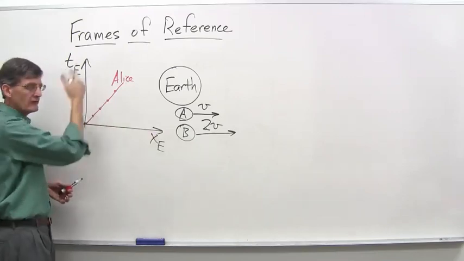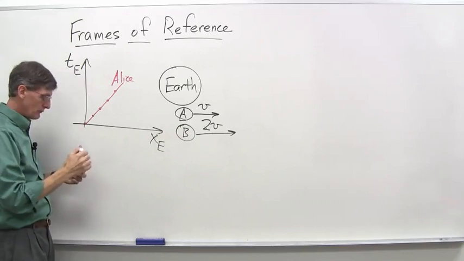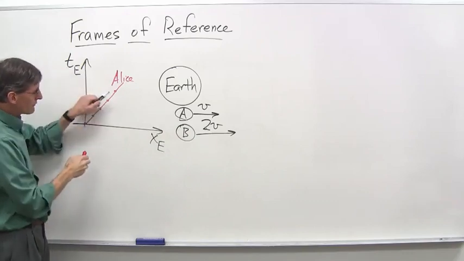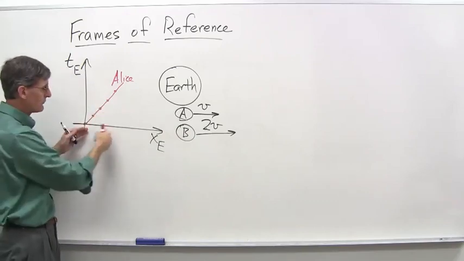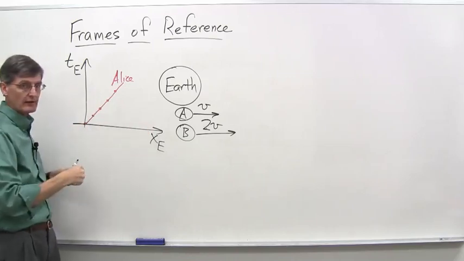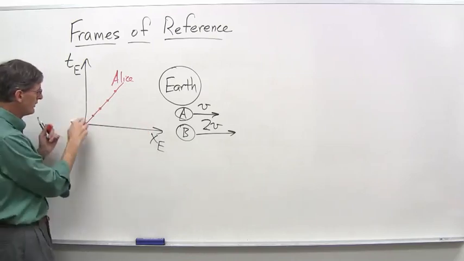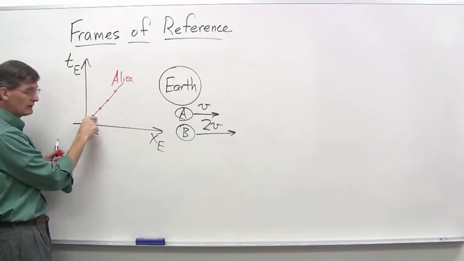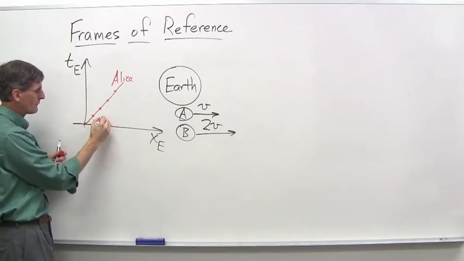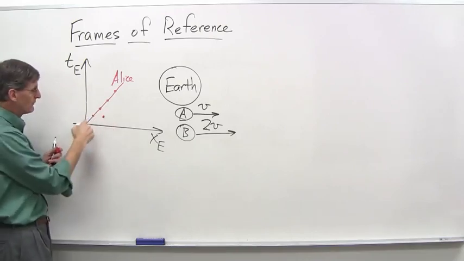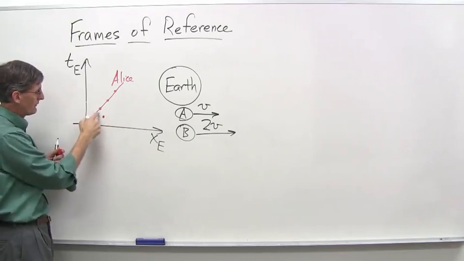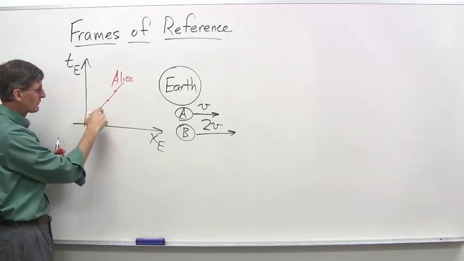But in the representation of that in our space-time diagram, remember that lower slopes mean faster speed. He covers more ground in a given amount of time than Alice does. In fact, he covers twice as much. So at t equals 1 second right here, he's gone twice as far. So he's about right here, if that was 1 second. When Alice has gone this far, at this time, Bob has gone twice as far.